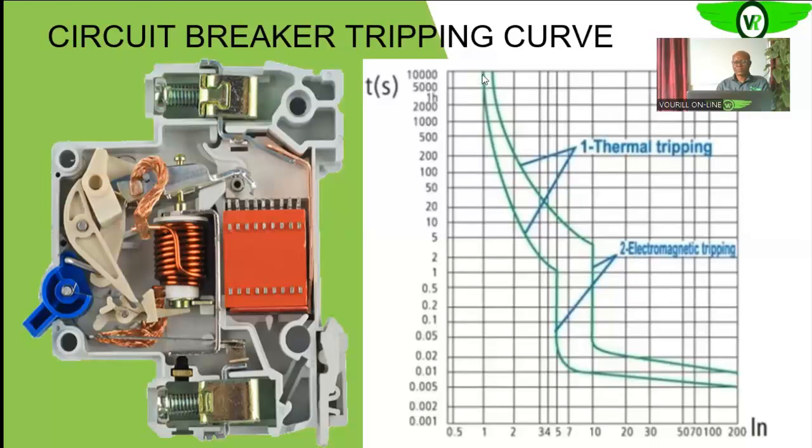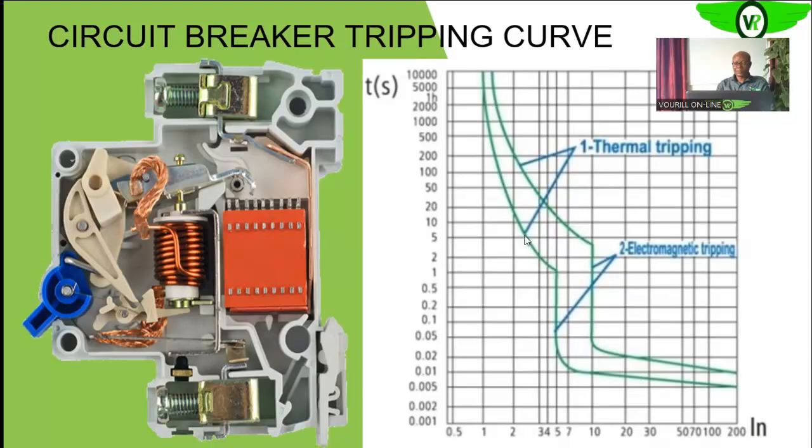So if you look at your curve now, this area is representing the thermal element, and it is taking the inverse time characteristics curve. So like we've discussed before, those two tripping elements, the thermal and the magnetic, operate in different sections of this trip curve.